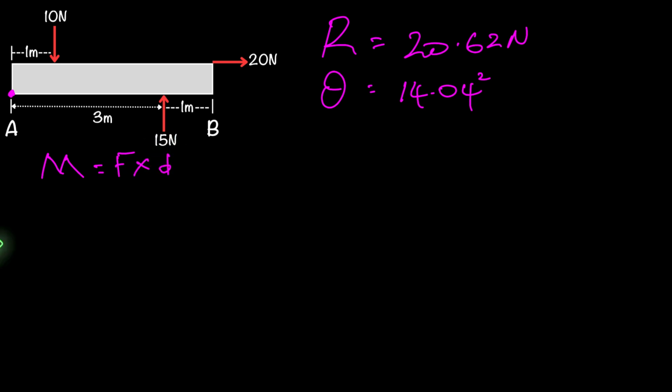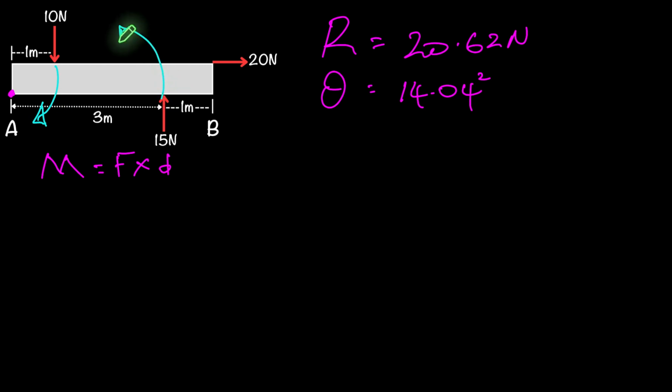So looking at the forces, the 10 Newton force, it acts 1 meter from our point A, and that's going to cause a clockwise moment. So you can see where this will try to rotate clockwise like that. The 15 Newton force, it acts 3 meters from point A, and that causes an anti-clockwise rotation like that.